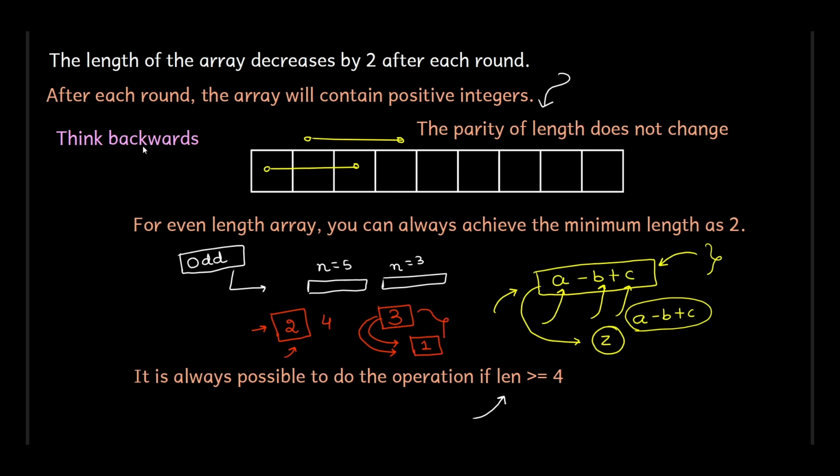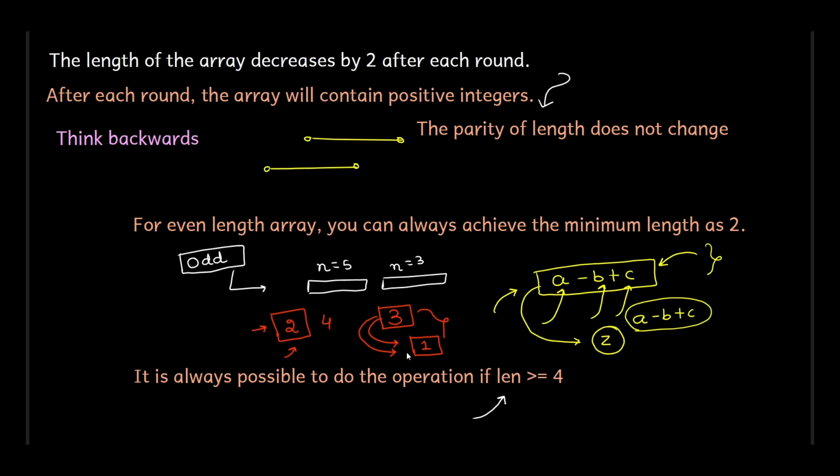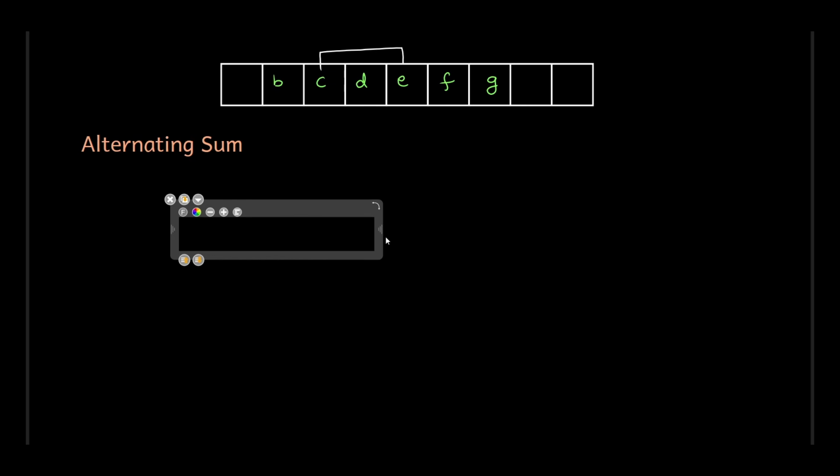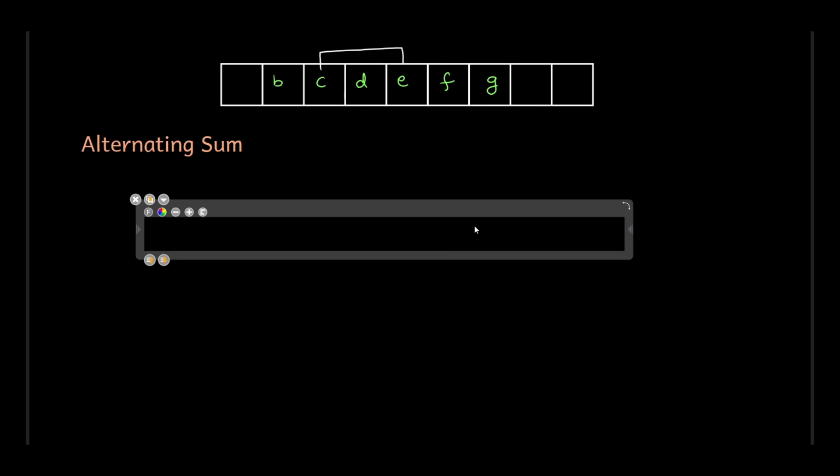And another technique is to think about the case where you are not able to do the operation and then classify which are the arrays on which you cannot operate. And while doing that, we already concluded that it is always possible to operate if the length is greater than or equal to 4. So now let's formalize this invariant.